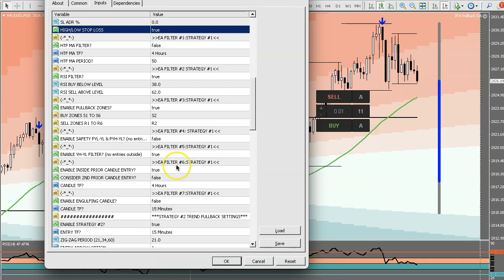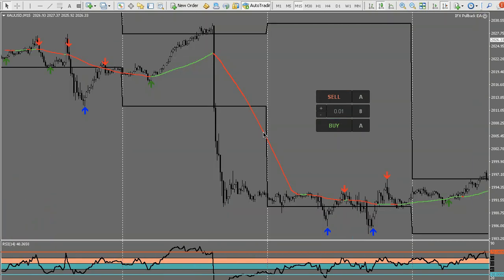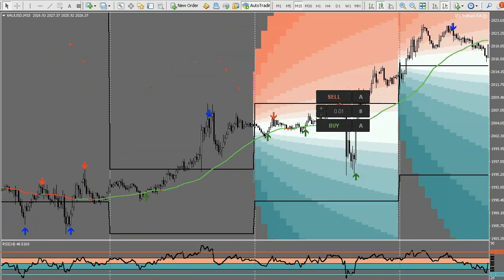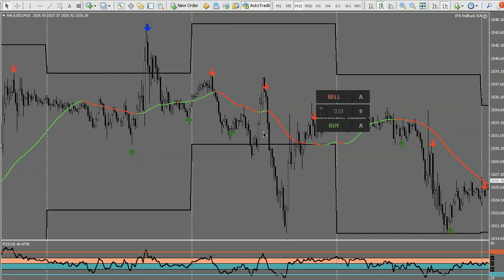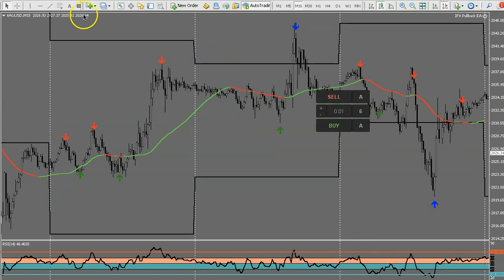Now, what we have in here is the enable safety, prior yesterday's low and yesterday's low. What that means is that we can have an entry, and I really didn't talk much about this, but we can have an entry. Let's say, for example, that it went outside prior yesterday's low, but not my prior yesterday's low. So right here, let's say we can consider this a bubble.